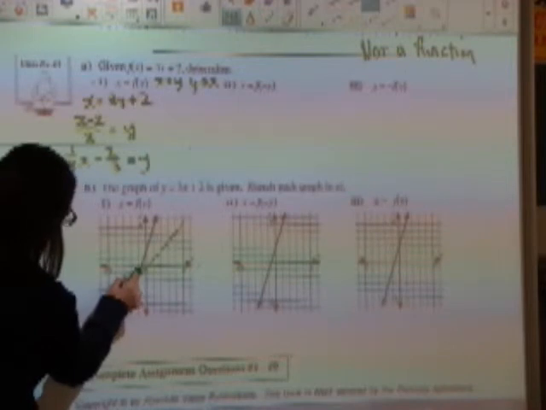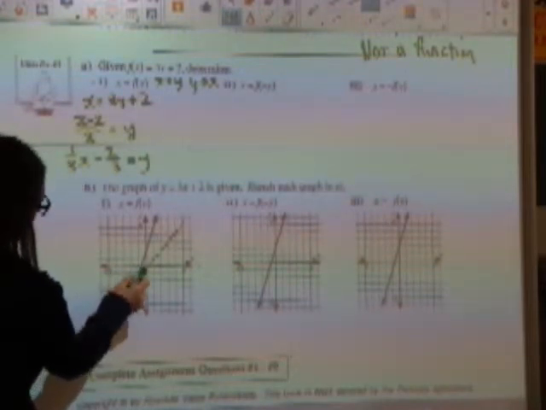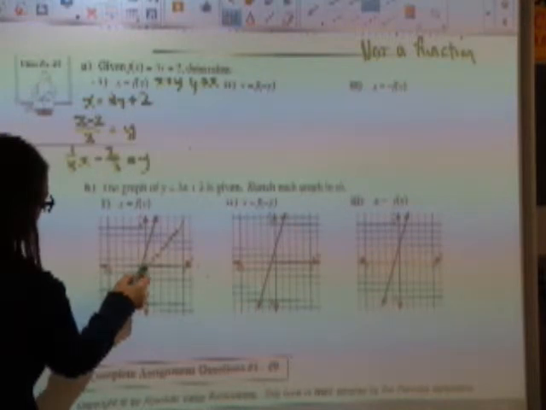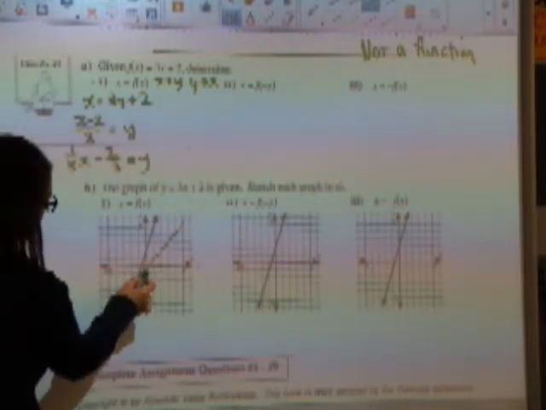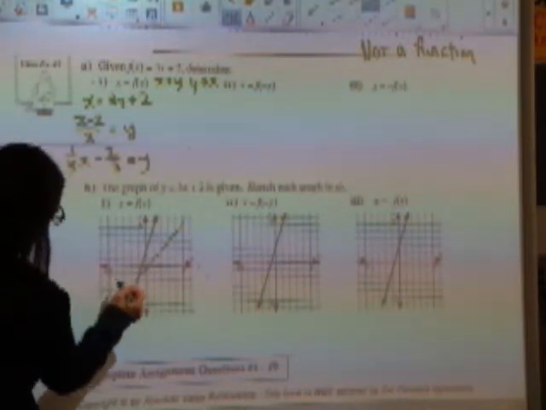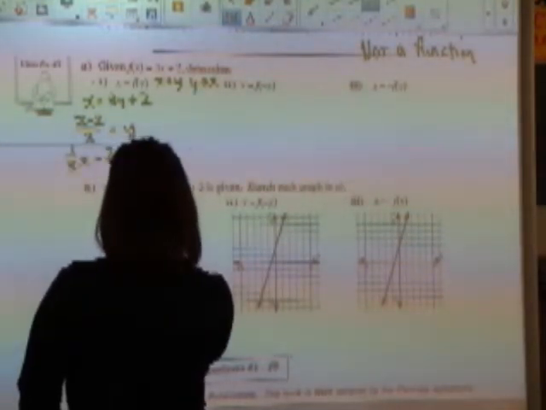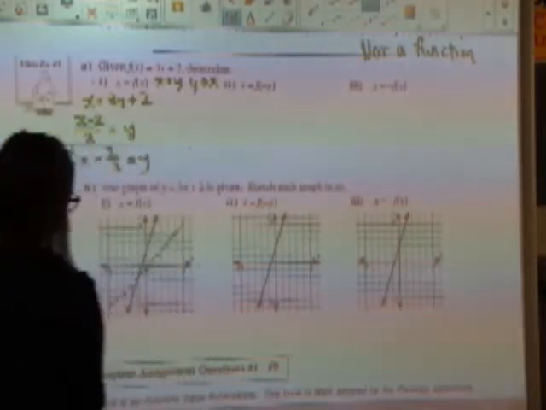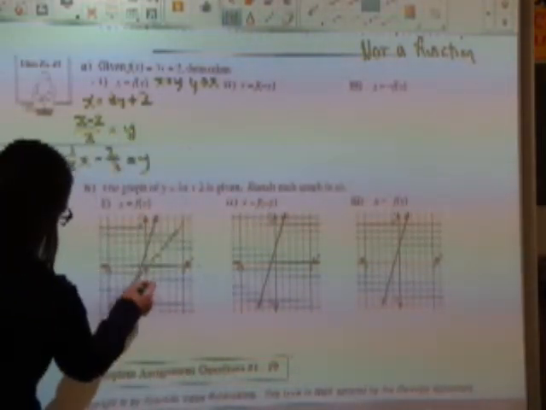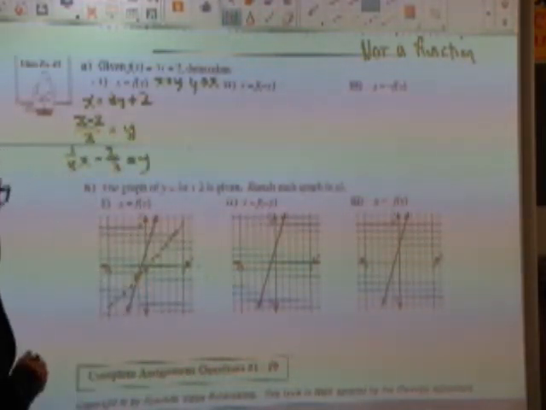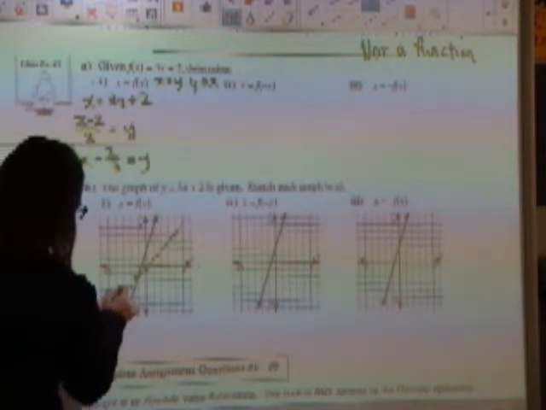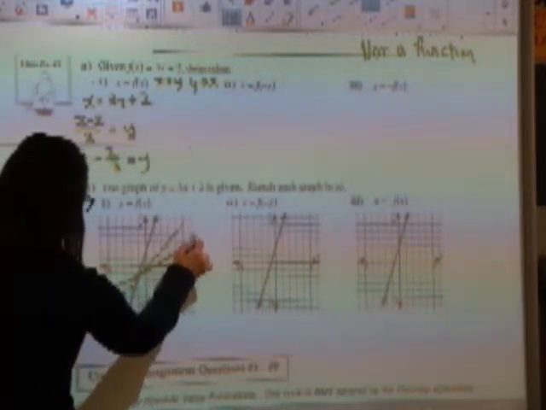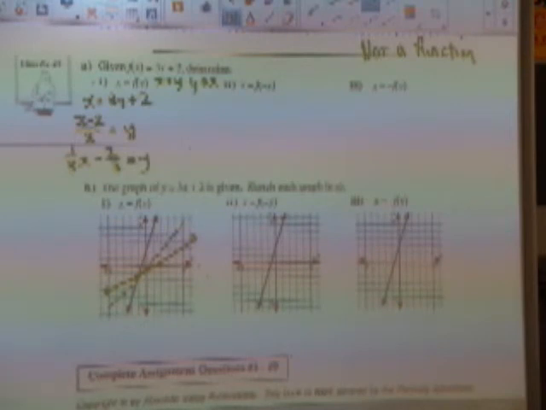And this point here, which is at negative 2/3 and 0, becomes 0 and negative 2/3. And then there's my invariant point right there. So this graph would look like that.